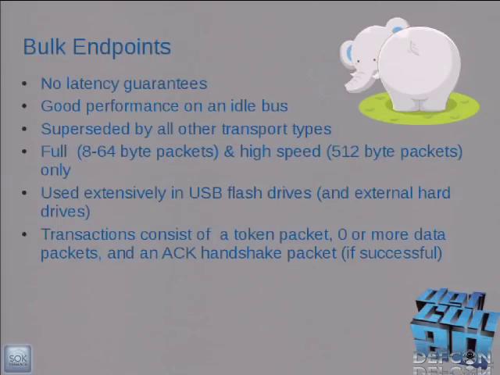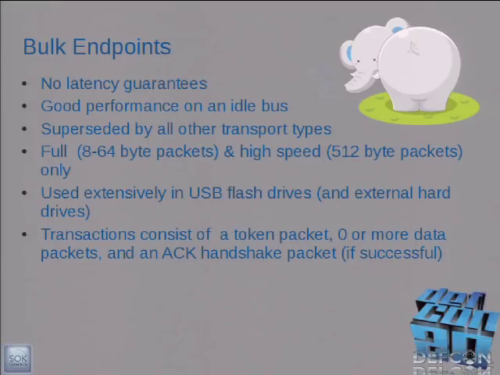All right, bulk endpoints, the good stuff. Bulk endpoints are used for mass storage devices. They don't have any guarantees on latency, but if the bus is idle, which it usually is, you have some pretty good performance. However, if there are other kinds of transports on your bus, it gets superseded by anything else.